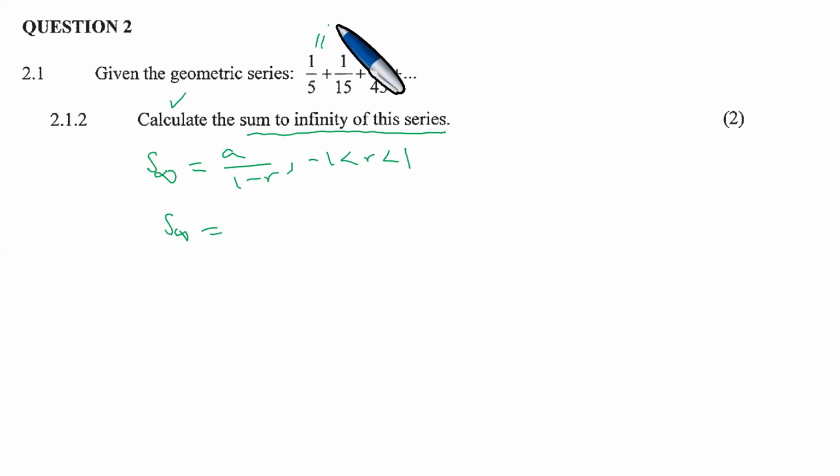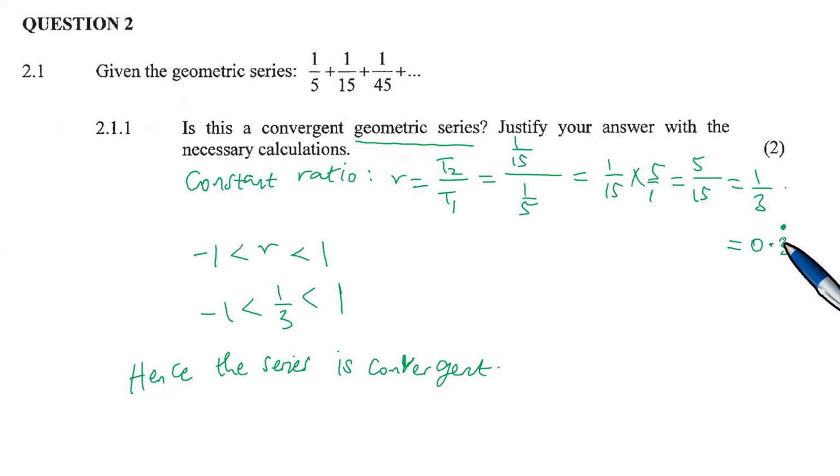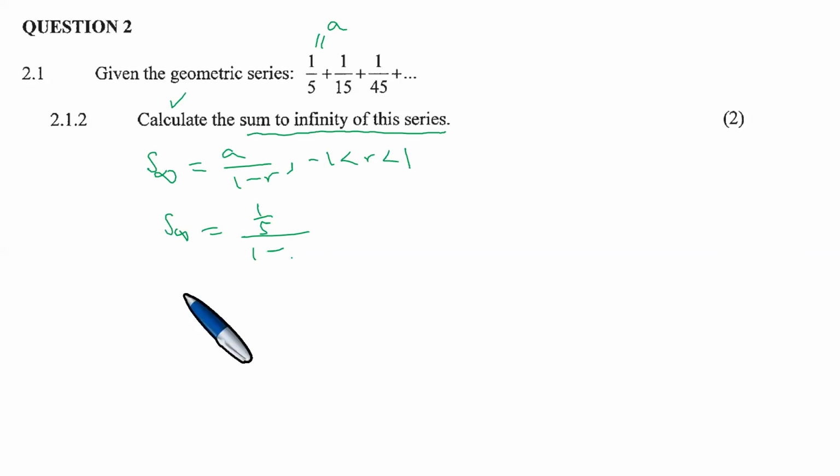The first term is called a, and a is 1/5. 1 minus the constant ratio. We found the constant ratio. What was the constant ratio? It is 1/3. So you have 1/3 here. What is 1 minus 1/3?